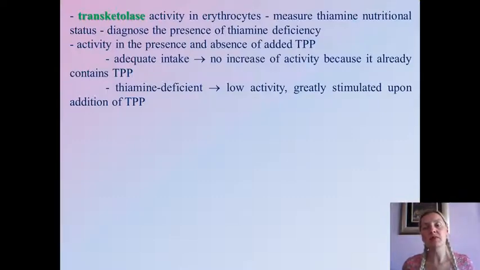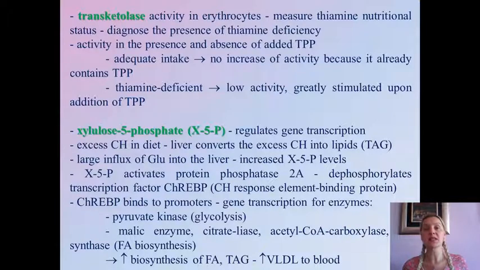Another example of the usage of these intermediates of hexose monophosphate pathway is a very interesting molecule, xylulose 5-phosphate, which does not only do interconversions of sugars, but it also regulates gene transcription. Why is that so interesting?